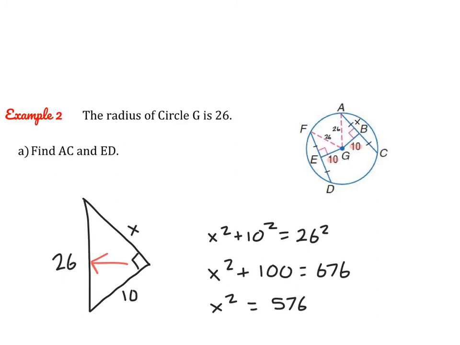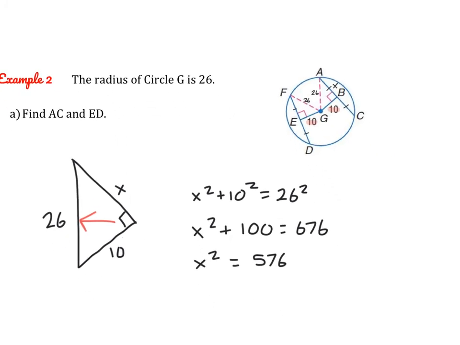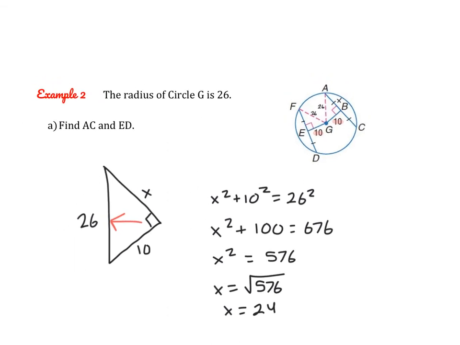And actually, if you take the square root of 576, it is actually a perfect square. The square root of 576 is 24 exactly. So I know that all of those smaller segments are 24.